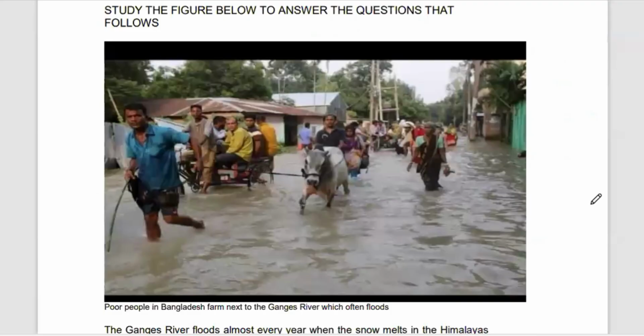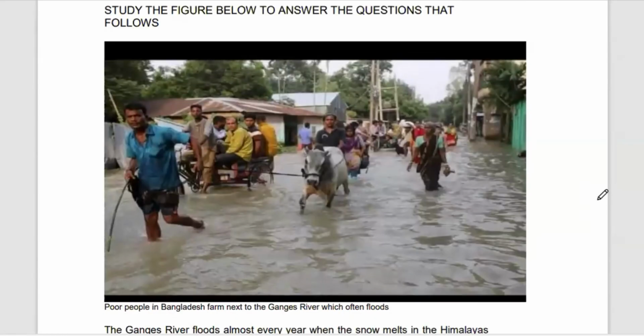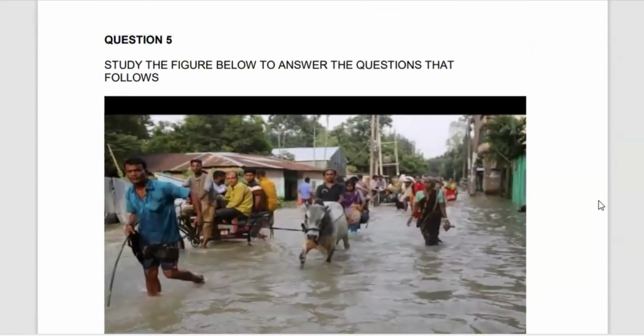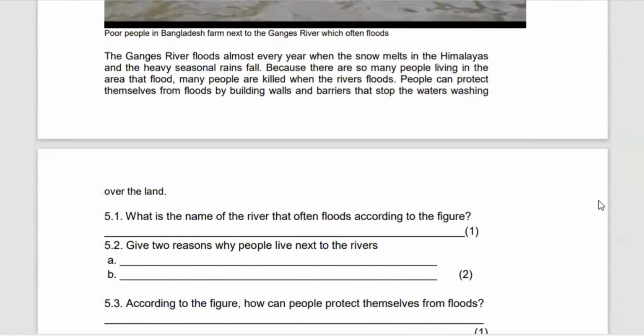Let's go to question 5. Study the photograph below and answer the following questions. What is the name of the river that often floods? According to the figure, the name of the river is the Ganges River.